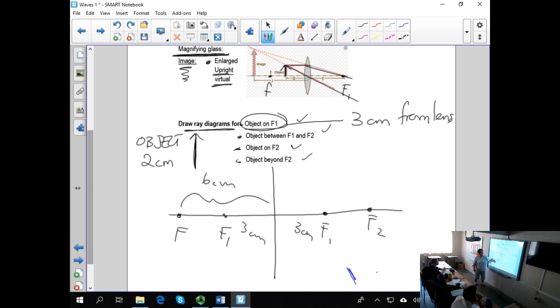In all of the diagrams the object is a line 2 centimeters high. The first instruction is on F1, so you put the object there and draw 2 rays, that one in red and the other one in blue.